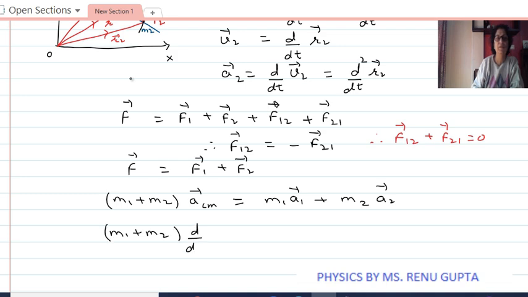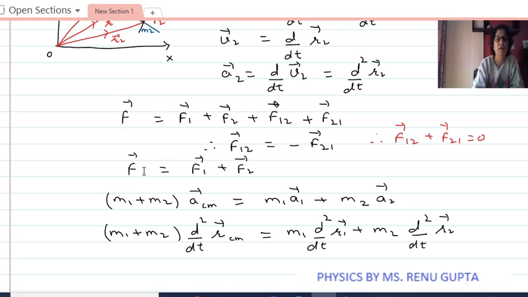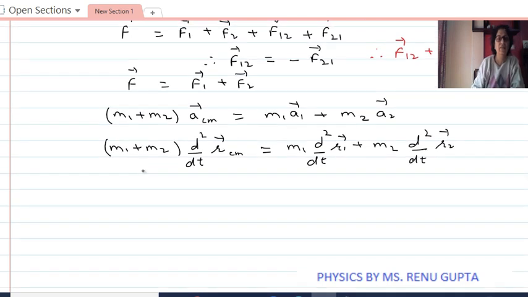into d2/dt2, the second differentiation of the position vector of center of mass, is equal to m1 times the second differentiation of r1 plus m2 times the second differentiation of r2. Since masses are constant, we can take the masses inside the differentiation. So d2/dt2 of (m1 plus m2) r center of mass will be equal to the second differentiation of m1 r1 plus m2 r2.